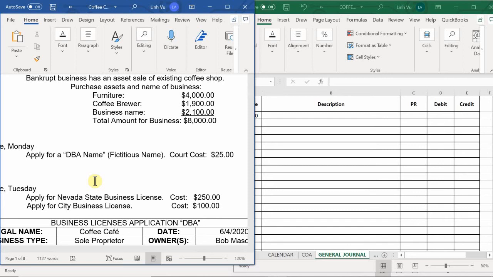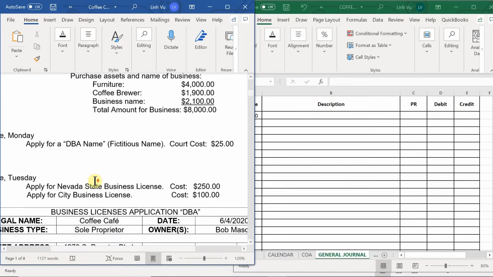You pay, you're going to take it from your pocket. Exactly. The transaction still happened, but can I record it? No, because I still don't have a business bank account. So I have to keep in mind that I bought a business for $8,000 and I just spent $25 to change its name.